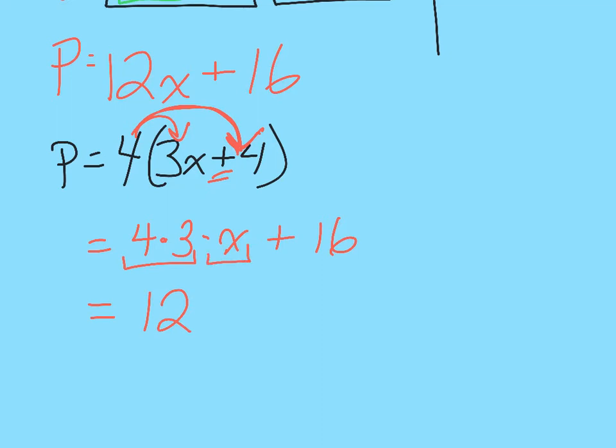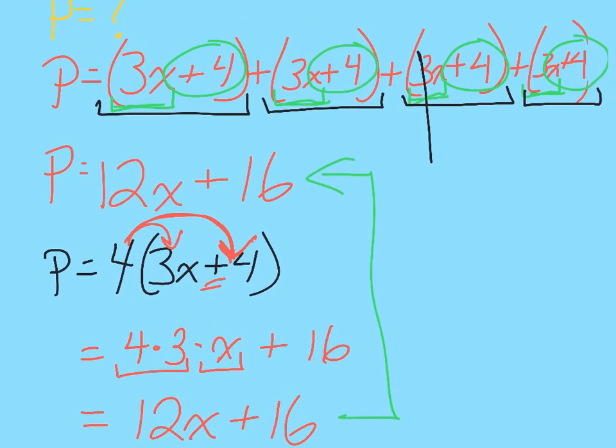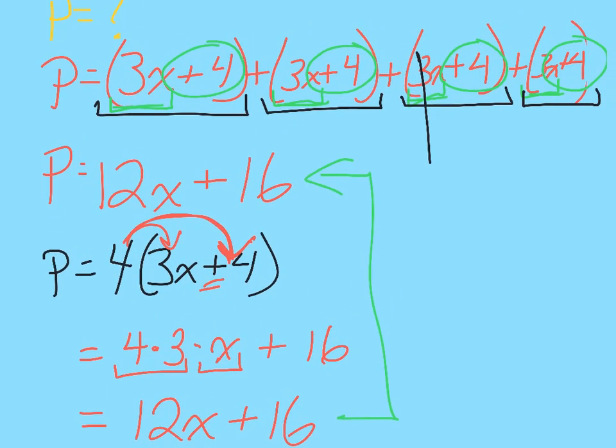I have my variable, and I have the plus 16, which is exactly the same as what we had up here. So either way, think of it like multiplying, or think of it like adding all of our numbers together. Either way, you're going to get to the same perimeter.